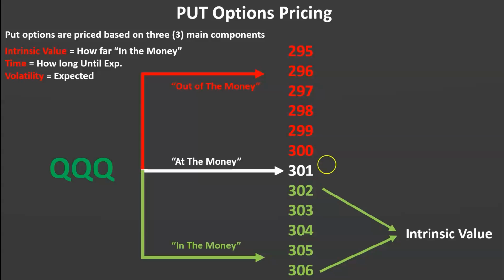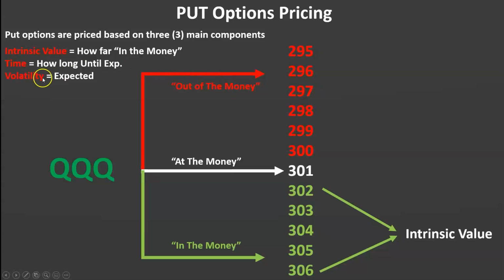So let's think about an example. It's $301 right now. The ETF is trading at $301. And you suspect that the price may fall down to a level of 290 based on your research and technical analysis. If you buy the right to sell this stock at $305, well, that's going to cost you a good bit of money.